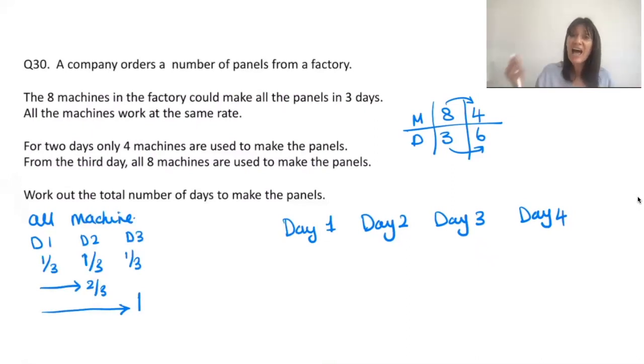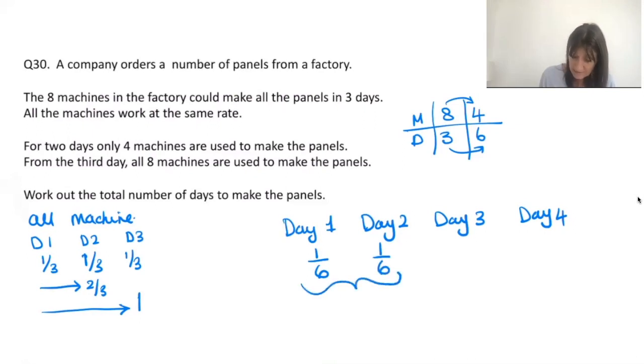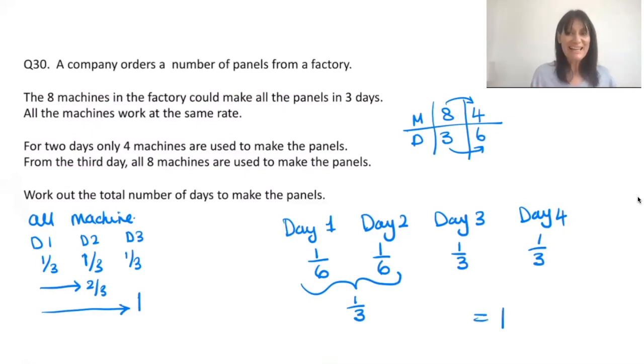Now, if I've only got half the machines, they're not going to make a third. They're going to make half of that. They're going to make a sixth. On day 2, they've only made a sixth. In total, they've made a third. On day 3, a third is made because all the machines are working. And on day 4, a third. And the 3 thirds will equal that 1 whole.